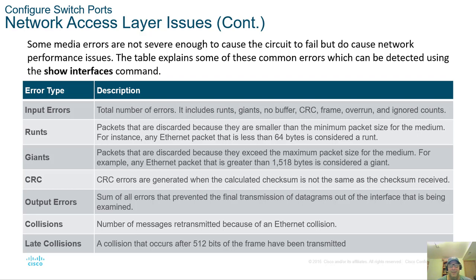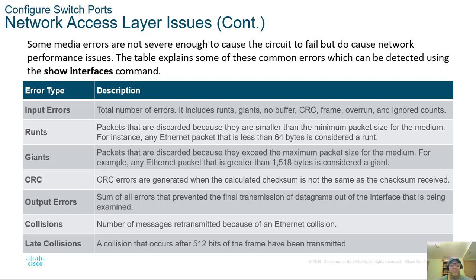If the protocol data unit is just too short, if there's no room for any data, it makes no sense to send it at all. It's like sending an envelope with an address on the front and nothing inside. That's the idea behind a runt, and a malfunctioning card is usually what you're going to find when you're seeing runts.